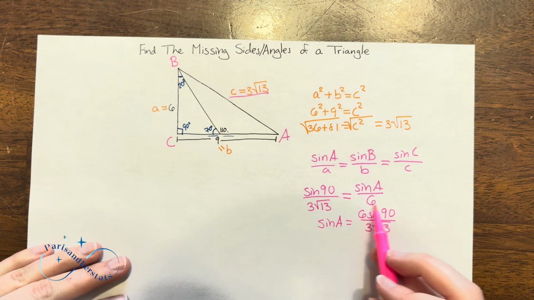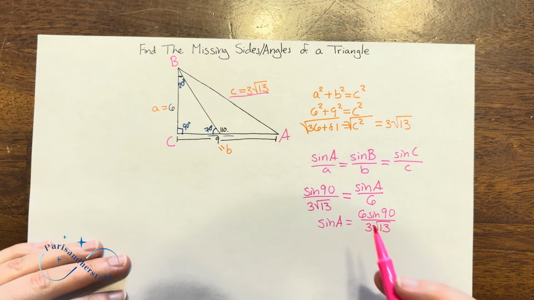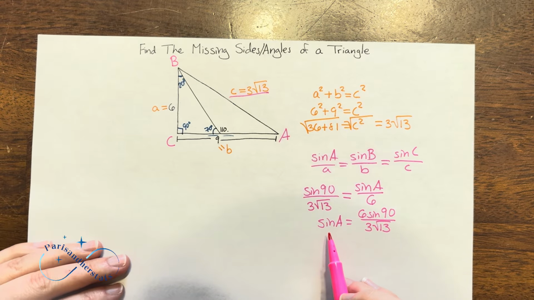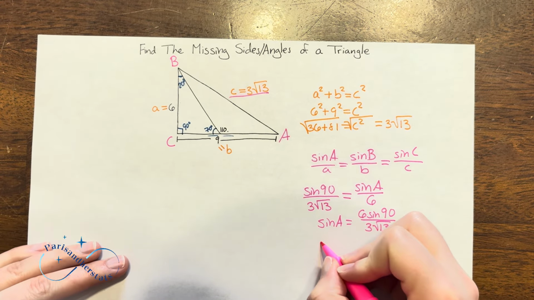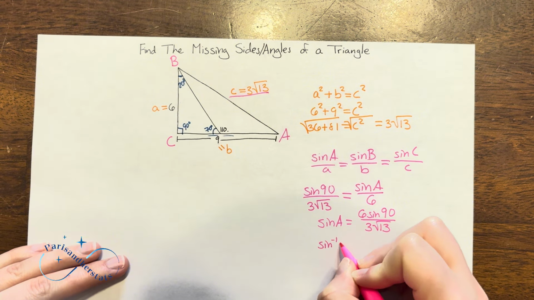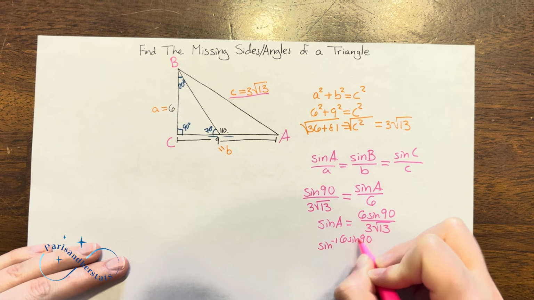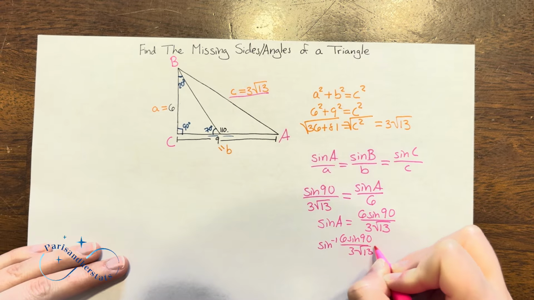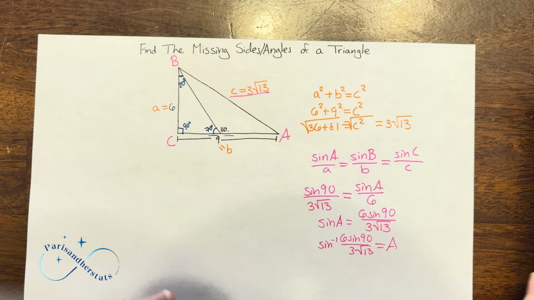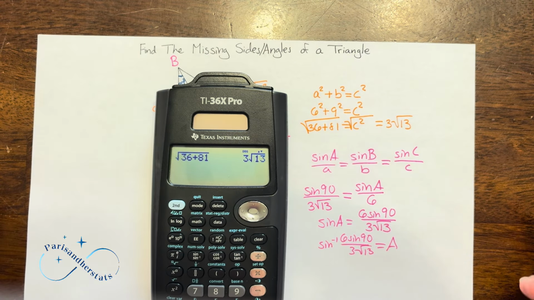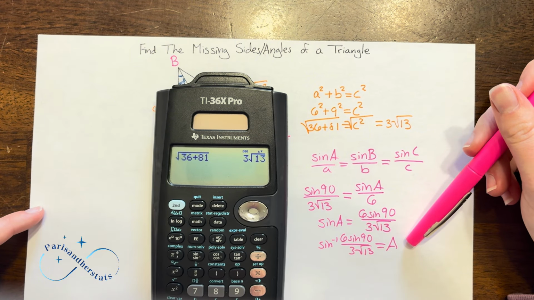Well, while we can plug this into the calculator and get a number, it's not going to give us angle A because on the other side we have sine of A. But we can use inverse laws, so sine inverse of this whole function right here is going to equal our angle A. And we can now plug this entire thing into the calculator. First, you have to make sure you are in degree mode because we are finding the angles of this triangle in degrees.